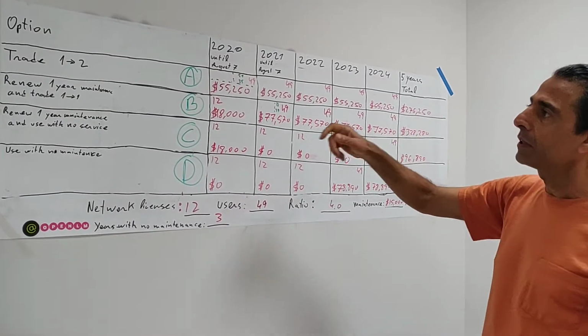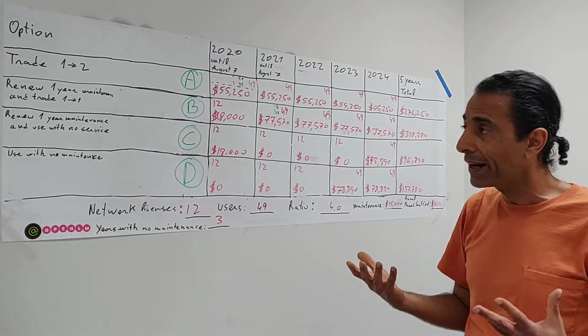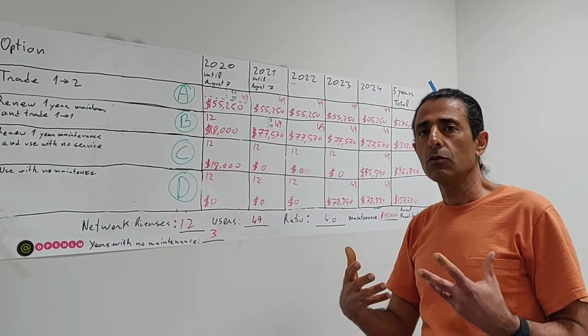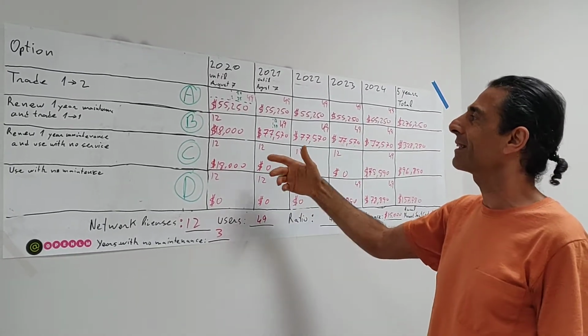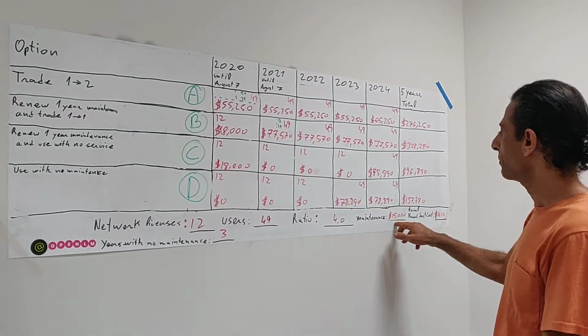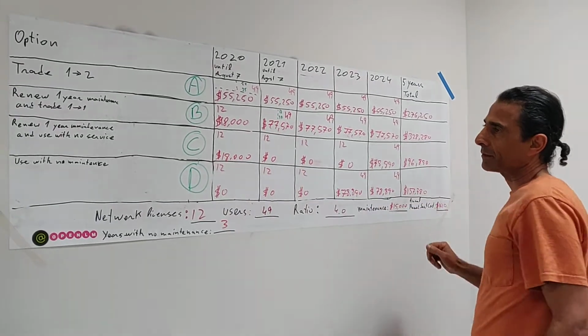Option number 2 is to renew the maintenance for 1 year, and in that case you renew the network perpetual maintenance, and then you pay a penalty of 20%. So it's instead of 15,000 as we assume, we are at 18,000.